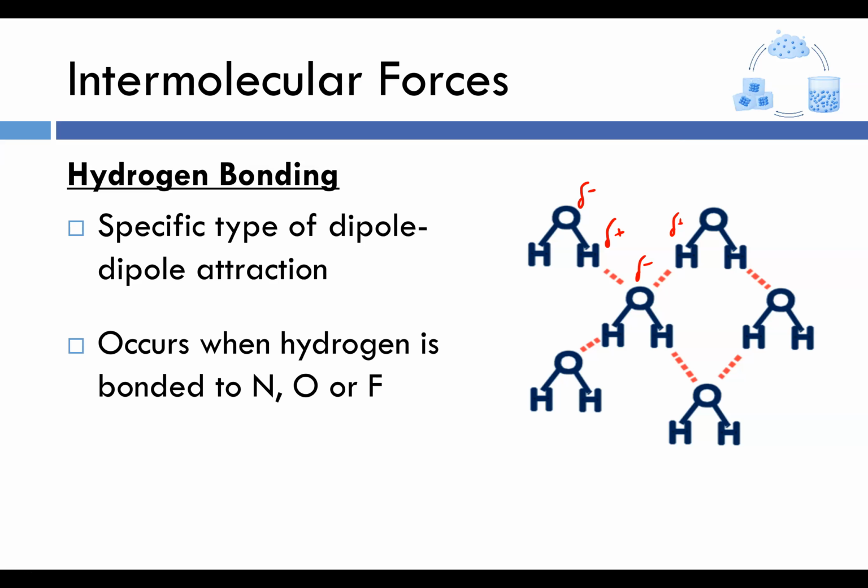So hydrogen bonding takes place when hydrogen is covalently bonded to nitrogen, oxygen, or fluorine. We're going to see a big difference in electronegativities, making this a very polarized bond. So the oxygen is really negative, the hydrogen is really positive, and that's going to cause a strong attraction between water molecules.